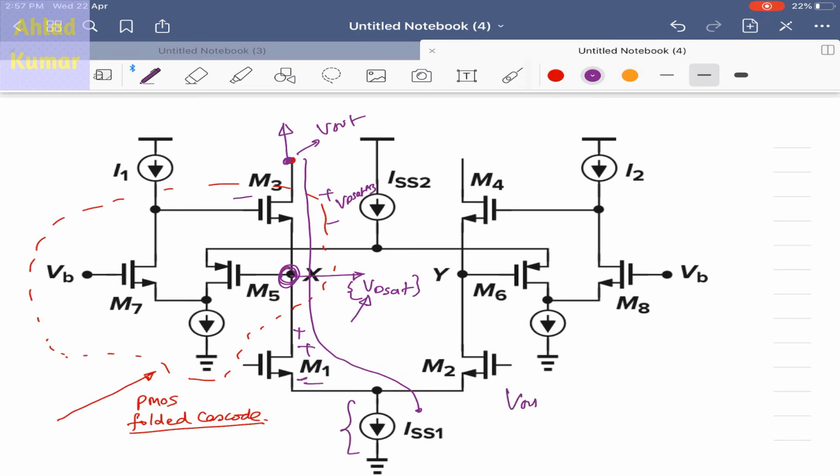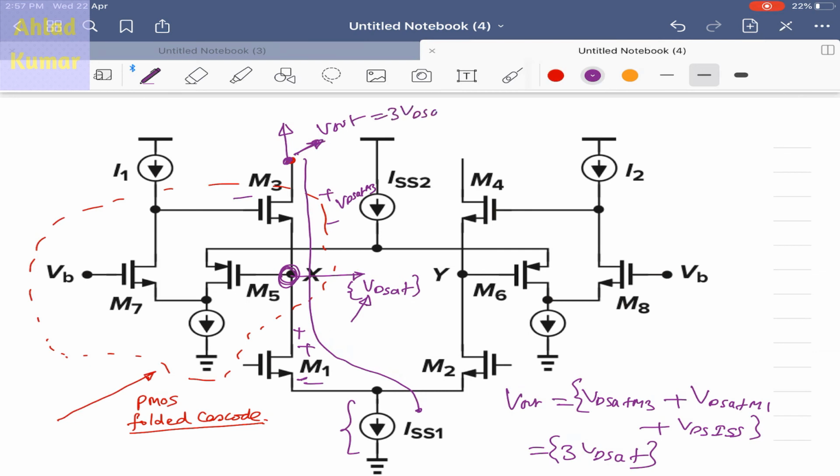So Vout for this particular topology is VD sat of M3 plus VD sat of M1 plus VD sat of ISS, and if you combine all these three together, it is 3 VD sat. So now we have achieved the value of 3 VD sat at the output and the benefits of differential topology using the PMOS folded cascode version.